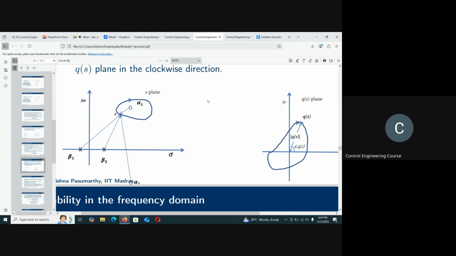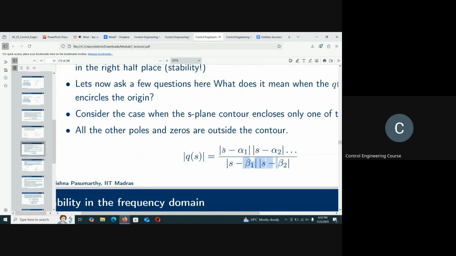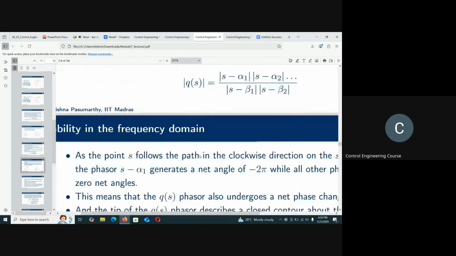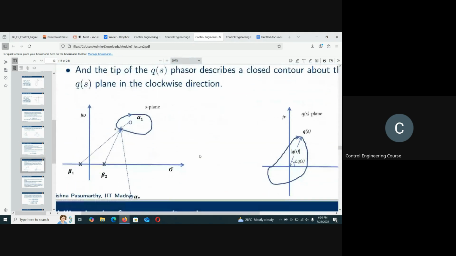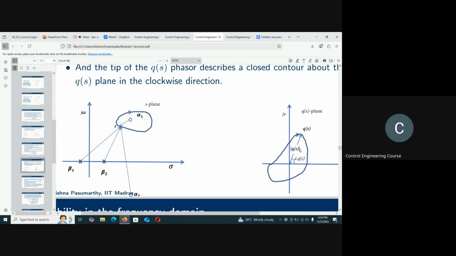Now, what will happen to Q of S? Remember, Q of S has S minus alpha 1 here, correct? So when S encircles alpha 1, Q of S will encircle the origin, right?